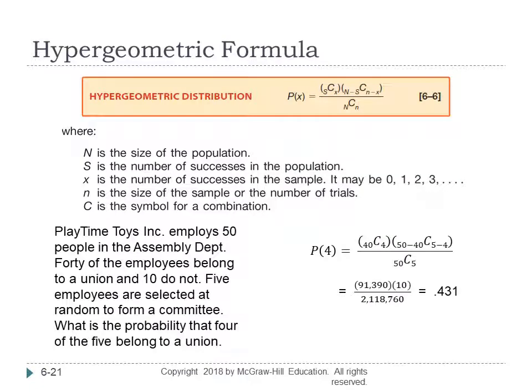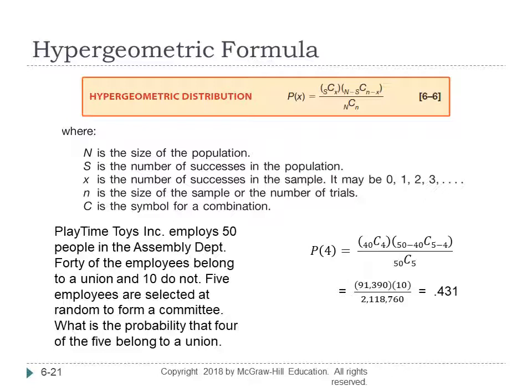We also have a formula to calculate probabilities for the hypergeometric distribution. P of x: I'm going to read the formula and then explain what each symbol means and then come back to it again. Here the probability of x is S choose x.